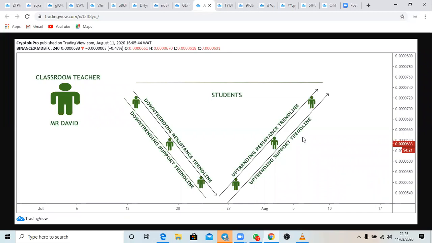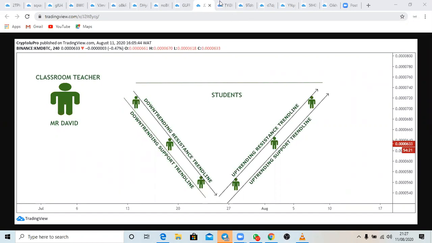So I don't want to go into that now. So now I've explained this concept: what downtrending resistance trend line means, what downtrending support trend line means, what uptrending resistance trend line means, what uptrending support trend line means. I've explained all these in simple concept. What I want to do now is show you what it means in real price action.